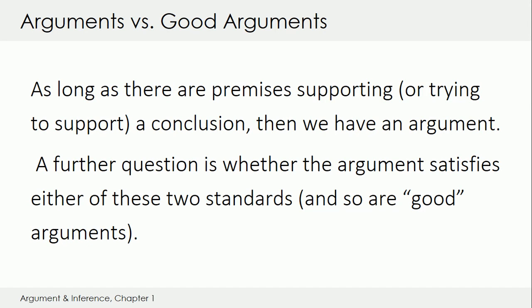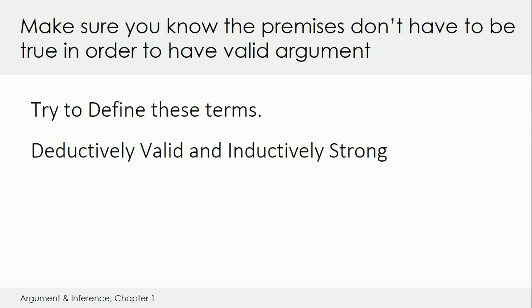All right. So now we're moving back to what are good arguments. As long as there are premises supporting or trying to support a conclusion, then we have an argument. Further question is whether the argument satisfies either of these two standards, and so are good arguments. We just went over this earlier: something that's deductively valid, and we're looking for inductively strong.